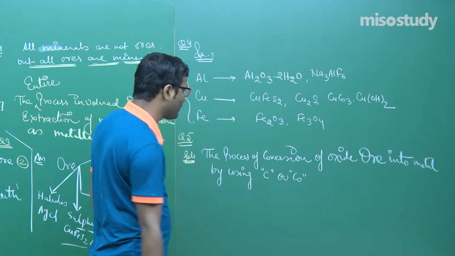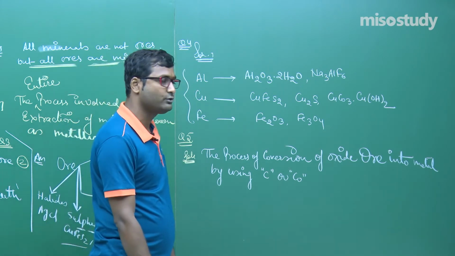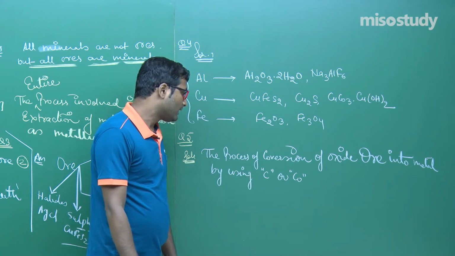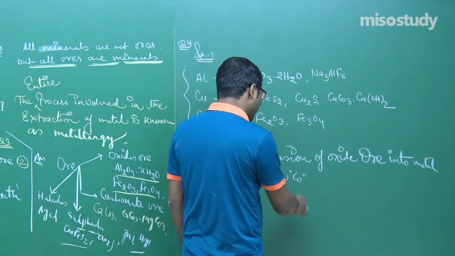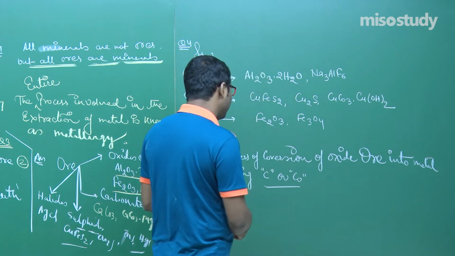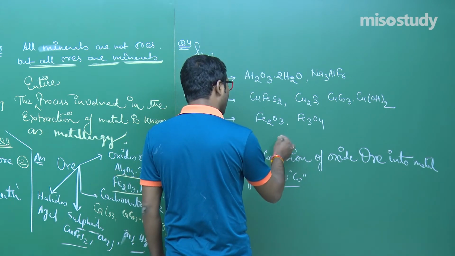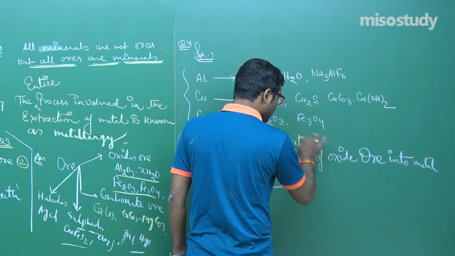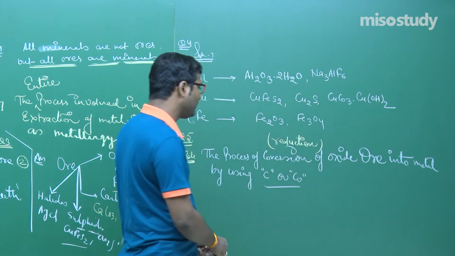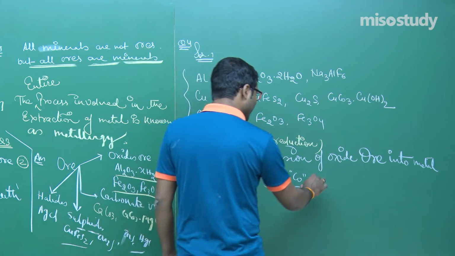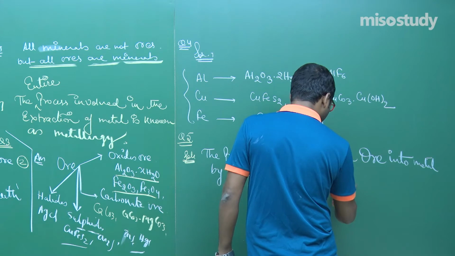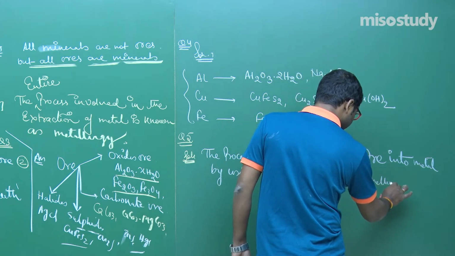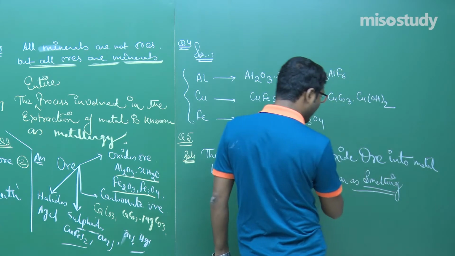That simply you can write the process of conversion of oxide of any ore into metal by using carbon or carbon monoxide as a reducing agent, or you can say the process of reduction of oxide ore by using carbon or carbon monoxide is known as, my friend, smelting. This is the case, is known as smelting.